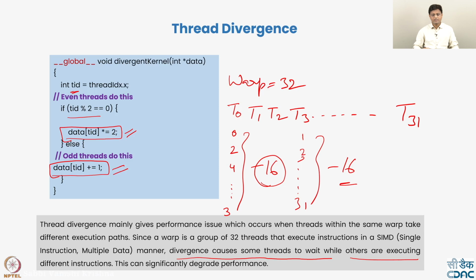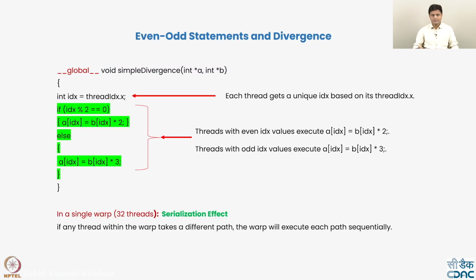So, thread divergence significantly degrades the performance of the application on the underlying GPU, or you can say the GPU resources are not utilized effectively.